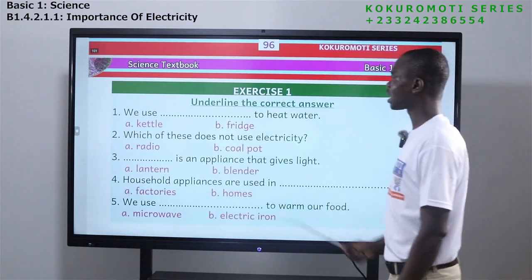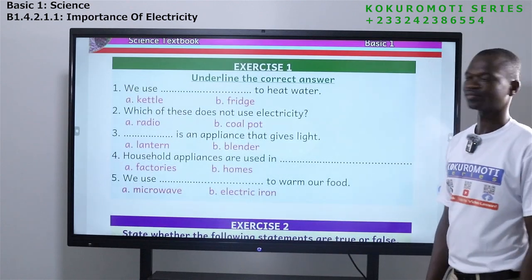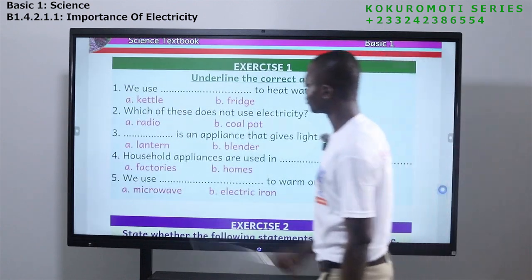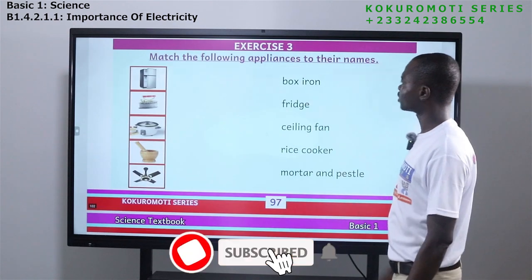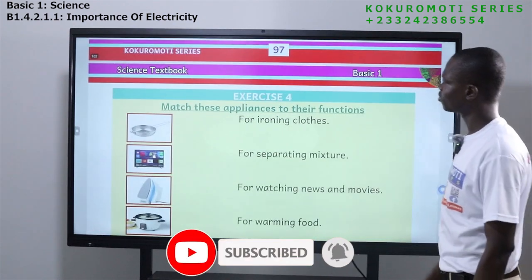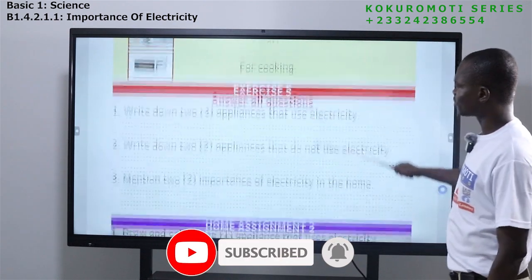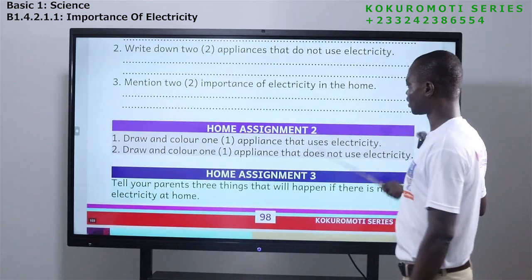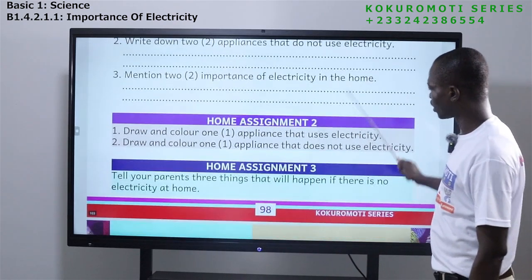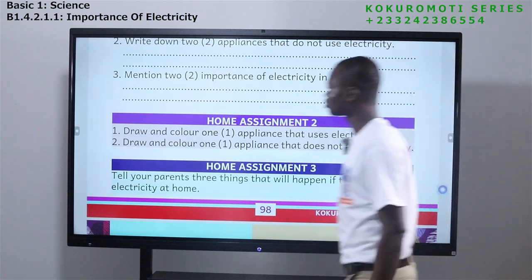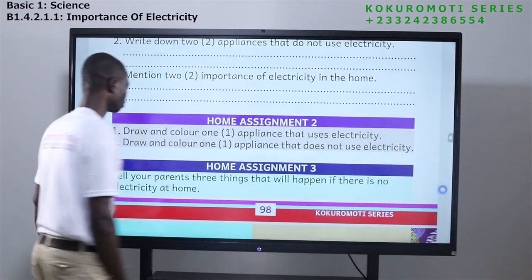So now these are exercises. You can see exercise 1, 5 questions, exercise 2, 5 questions, exercise 3, 5 questions, exercise 4, exercise 5, home assignments 1, home assignments 2, and 3. So now let's look at home assignments 2.